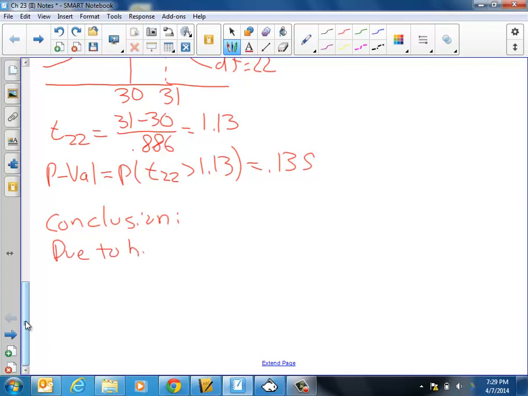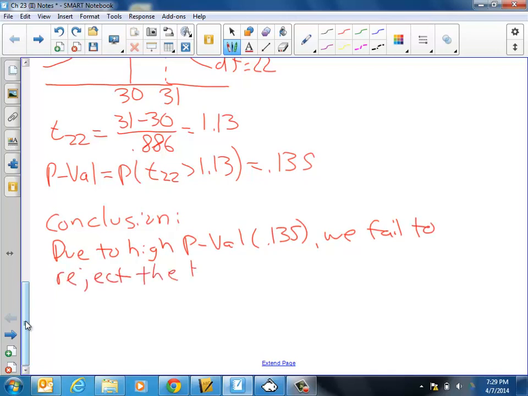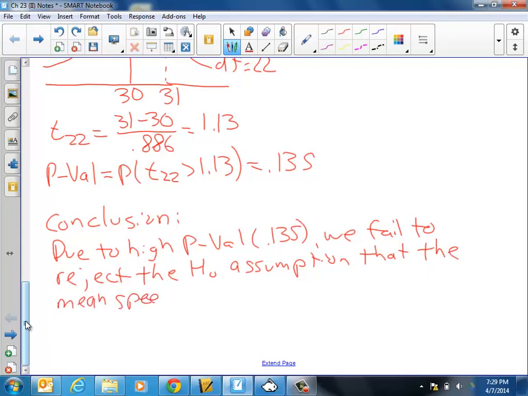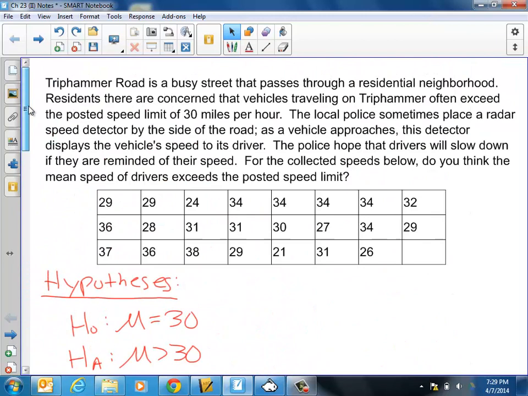Due to the high p-value, 0.135, we fail to reject the null hypothesis assumption that the mean speed of cars on Tripp Hammer is 30 miles an hour. And there you go. Not too bad.